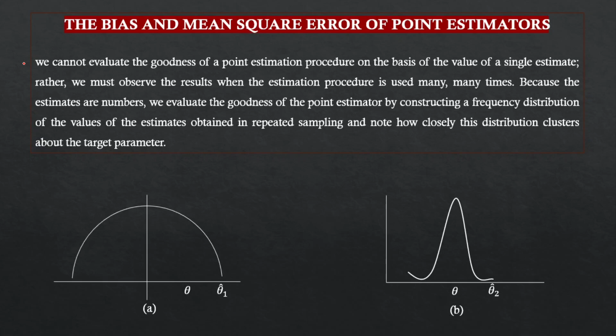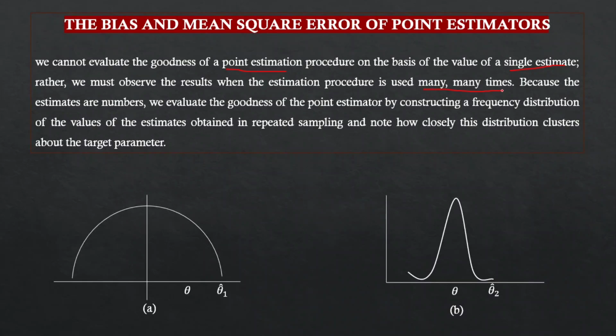The point is that we can't evaluate the goodness of a point estimation procedure on the basis of a single estimate. Rather, we must observe the result when the estimation procedure is used many times.